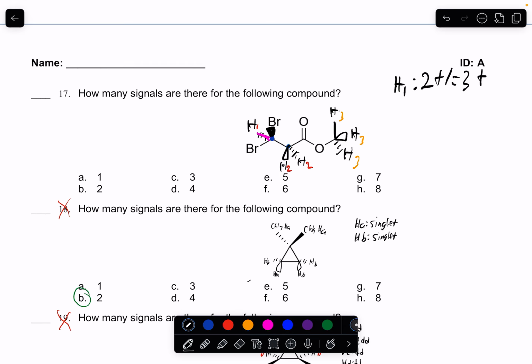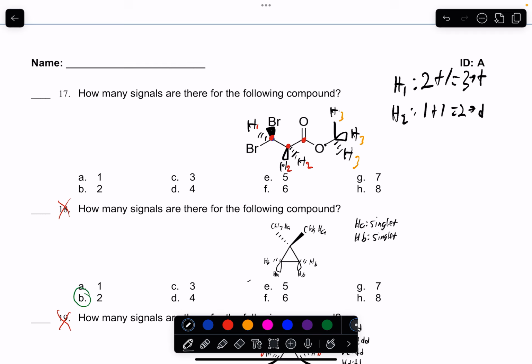And so, if we go to H2, check to see this carbon, check to see the adjacent carbons. This one does not have any hydrogens on them. We look at the left one, there's 1 proton, so 1 plus 1 equals 2, doublet. And so then we go to H3, okay, there's not any hydrogens over here.